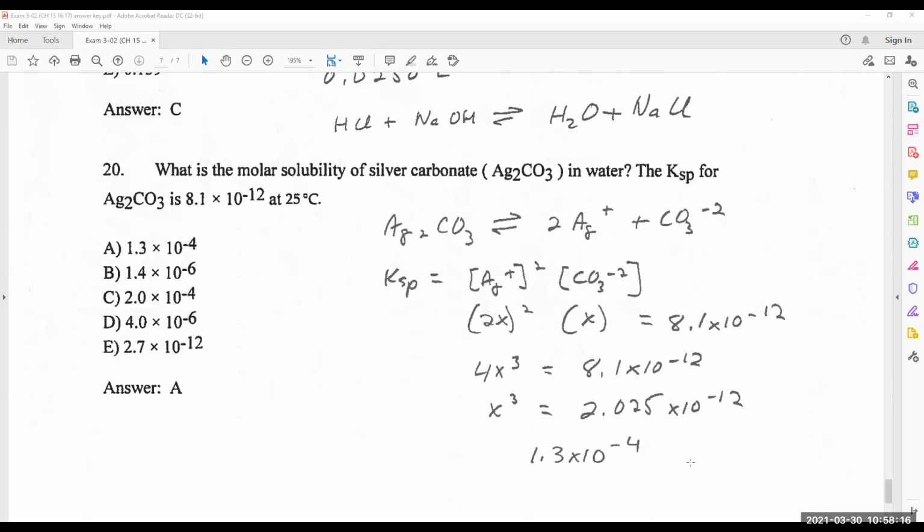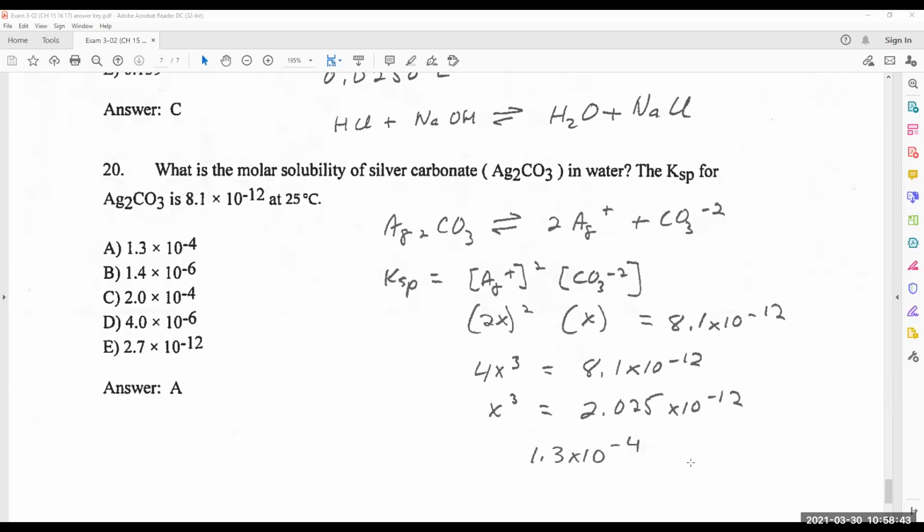To get it to balance, you had to put a 2 in front of the silver. So you have that 2 coefficient there, and that impacts what your Ksp expression is going to be. Because Ksp, remember, is silver ion concentration squared because of that coefficient of 2, and then carbonate concentration.